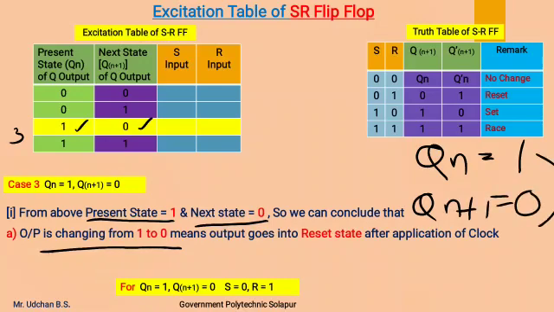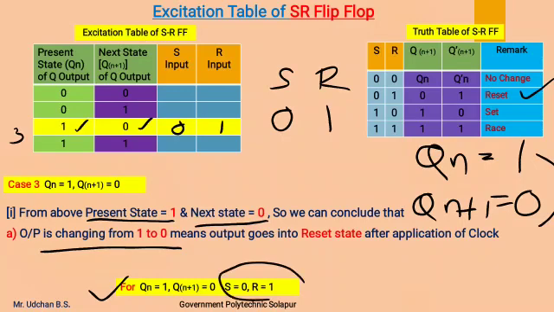It is changing from 1 to 0, and as Qn plus 1 is 0, the output is in the reset state, for which the value of S and R are 0 and 1. So for the third case, that is for Qn equal to 1, Qn plus 1 equal to 0, the S will be 0 and R will be 1.